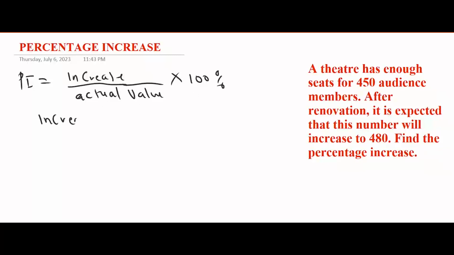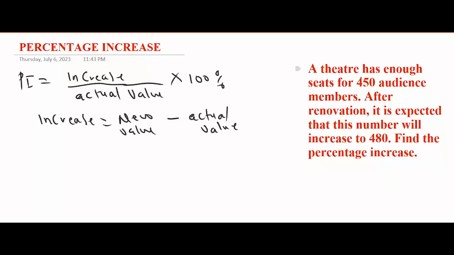Okay, where the increase is equal to the new value minus the actual value or original value. So that will give you the increase. You just have to get a positive difference of the new and the actual values. Okay, so let's look into this example here.